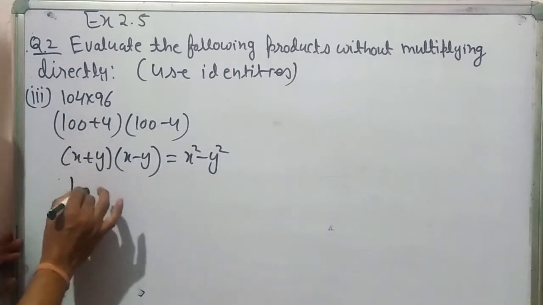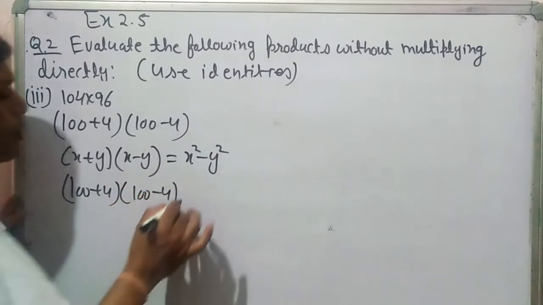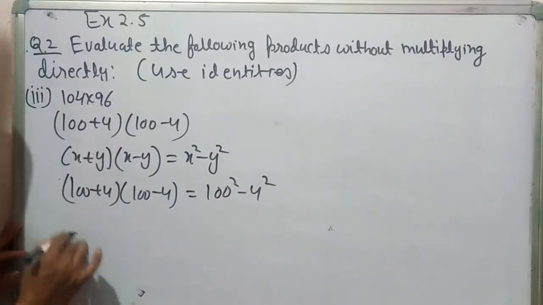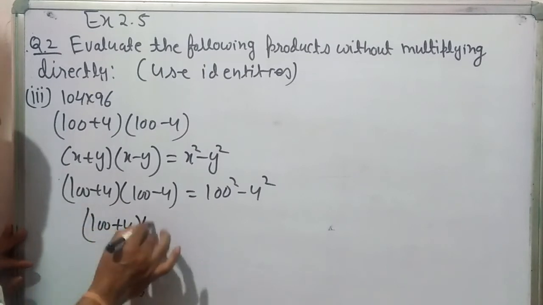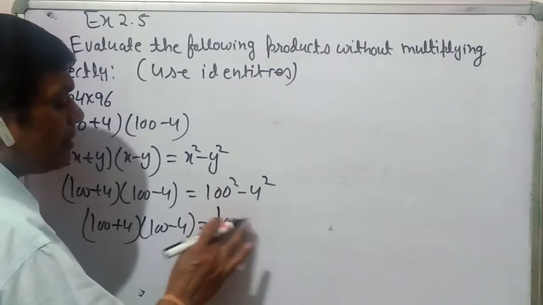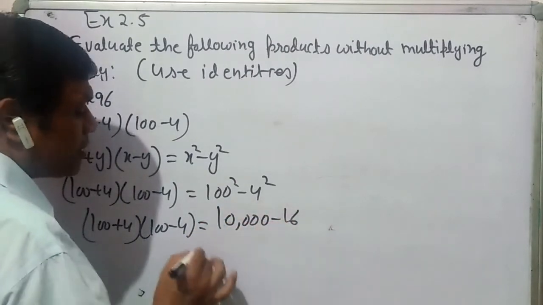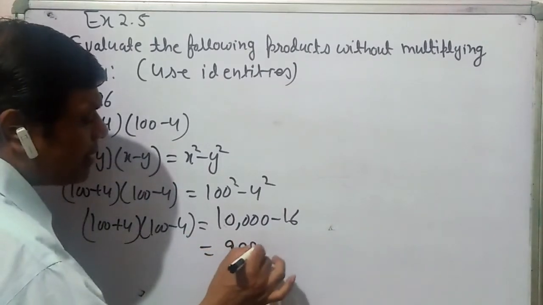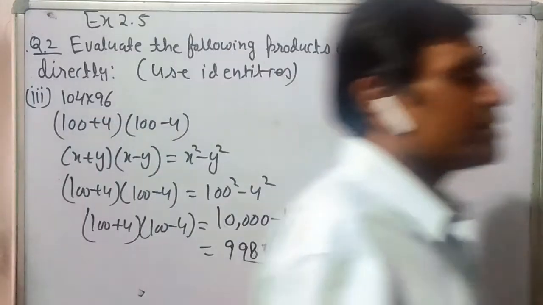Let us put the values. (100 plus 4) multiplied with (100 minus 4) should give us 100 square minus 4 square. That means 104 multiplied with 96 should give us 10,000 minus 16. That should give us 9,984.